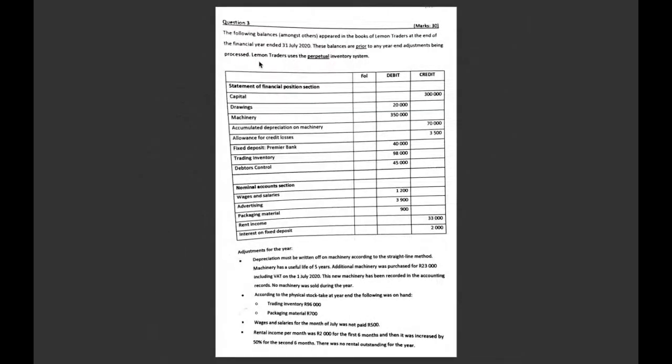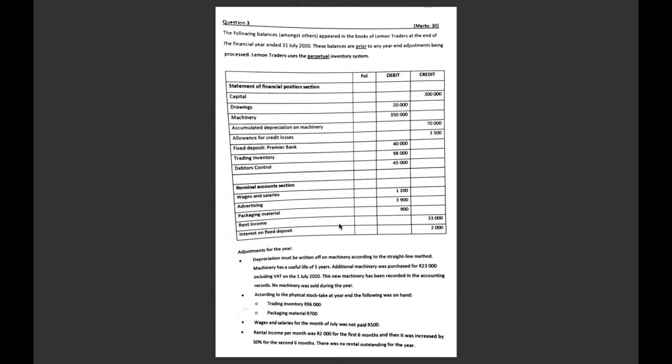Then up top it says the following balances, amongst others, appear in the books of Lemon Traders at the end of the financial year ended 31 July 2020. The balances are prior to any year-end adjustments being processed. Lemon Traders uses the perpetual inventory system.